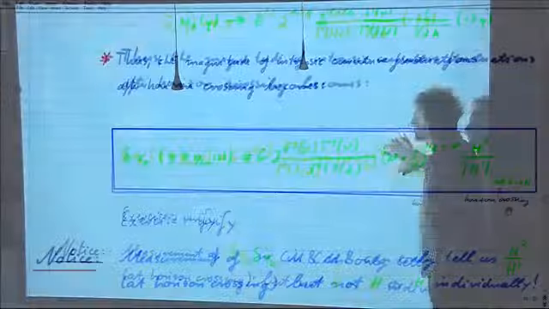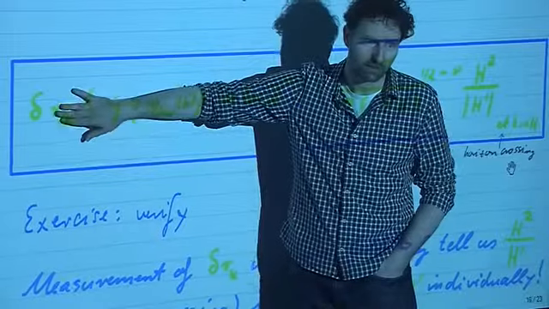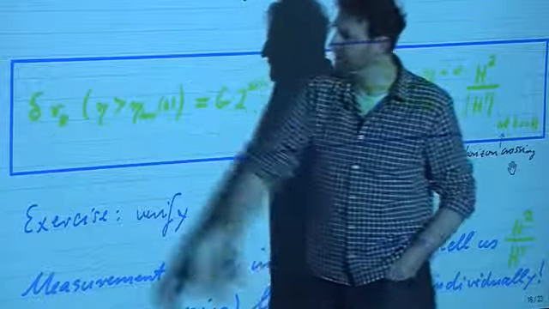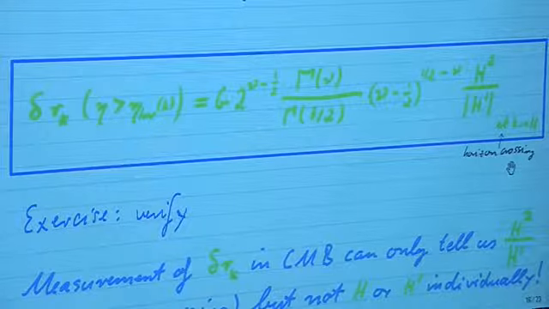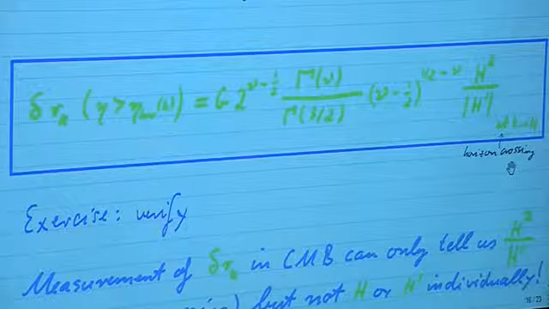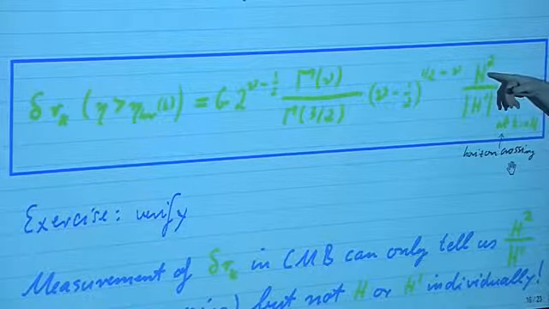This formula allows us to make a prediction for the size of the quantum fluctuations of the Mukhanov variable that would have imprinted themselves as temperature fluctuations on the CMB. But in order to really make a prediction, notice that we need to know H prime, not just H, we need to know H prime.